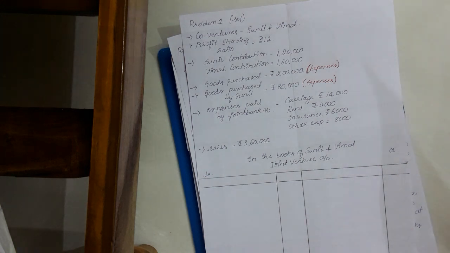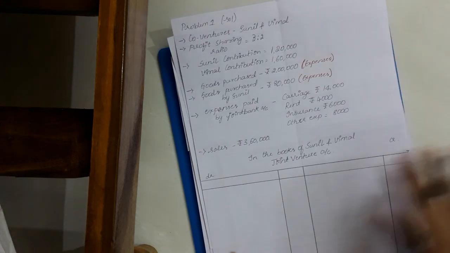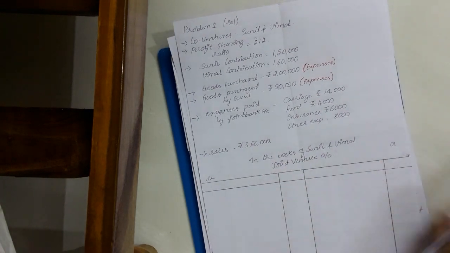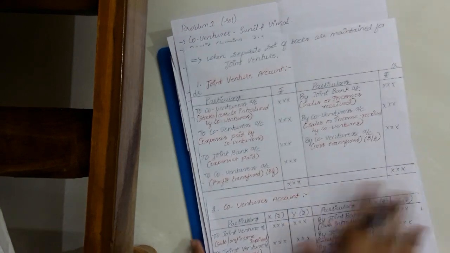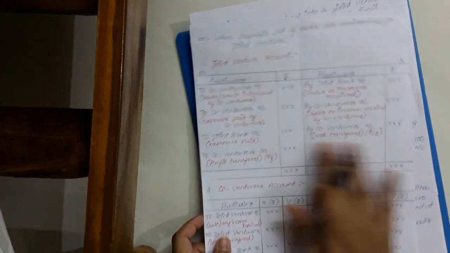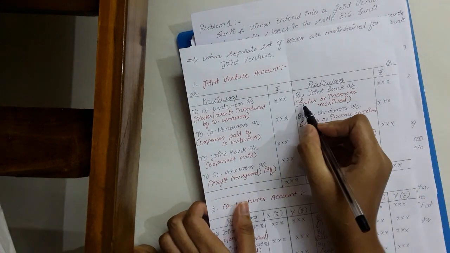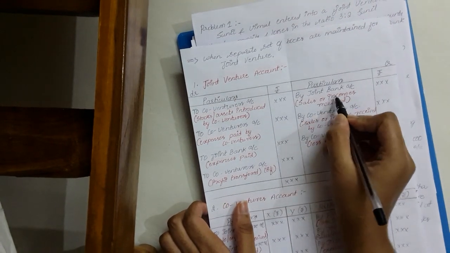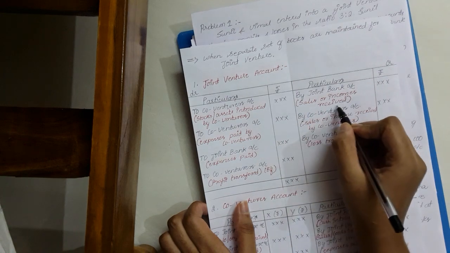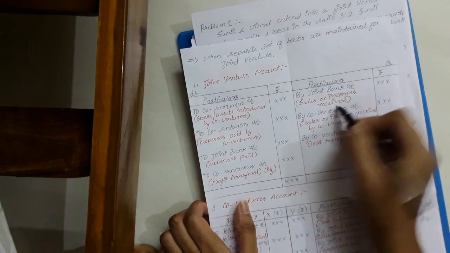First, we are supposed to prepare the joint venture account. This is the format of the joint venture account. I'll show the credit side first. By joint bank account, sales or income received.